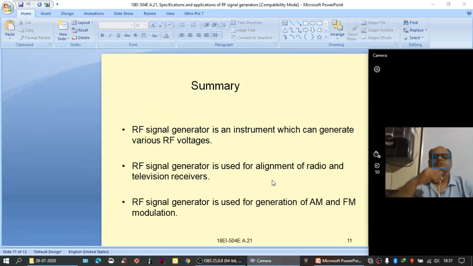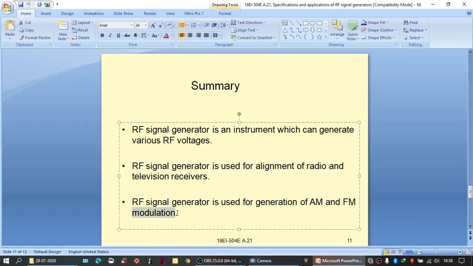So that is all about the applications and specifications of the RF signal generator. The RF signal generator is an instrument which can generate various RF voltages. It is used for alignment of radio and television receivers and for generation of AM and FM modulated signals.